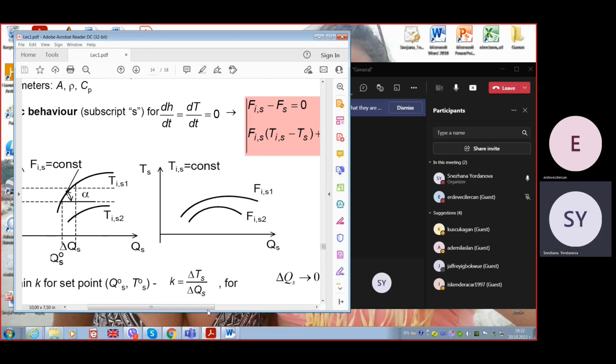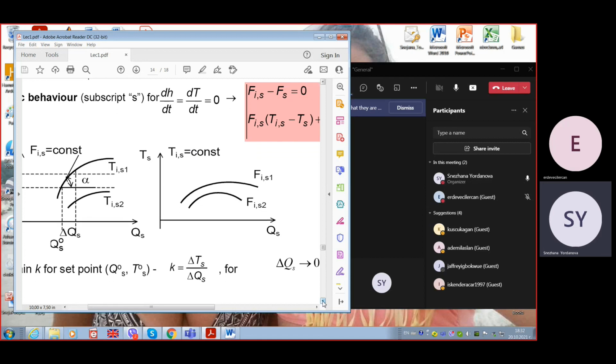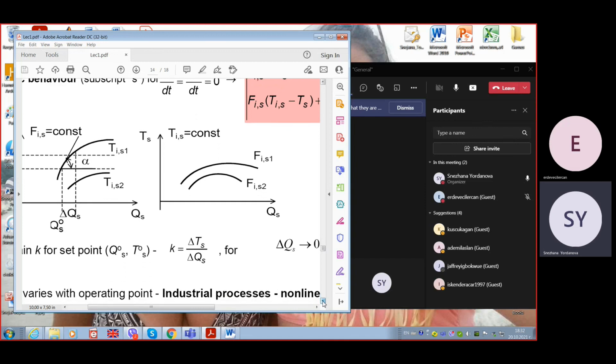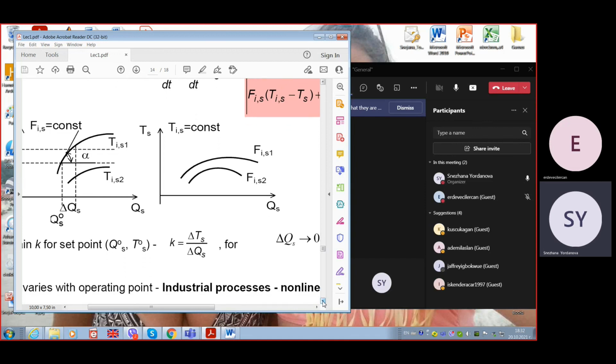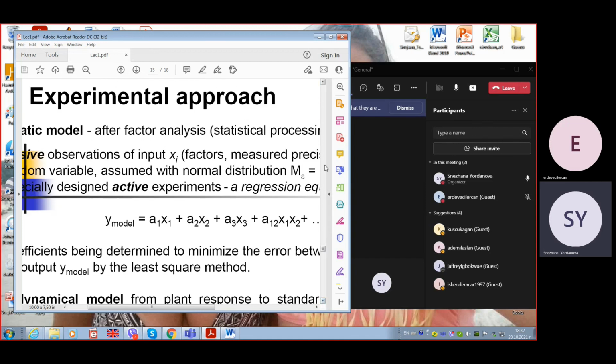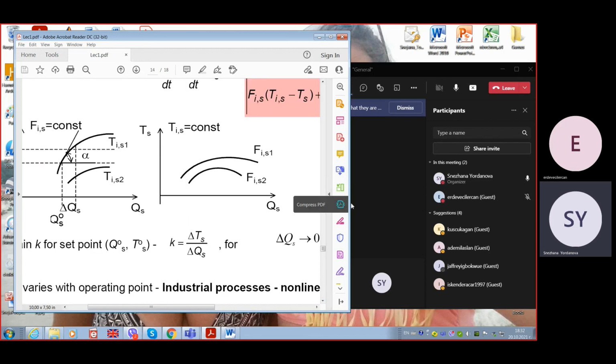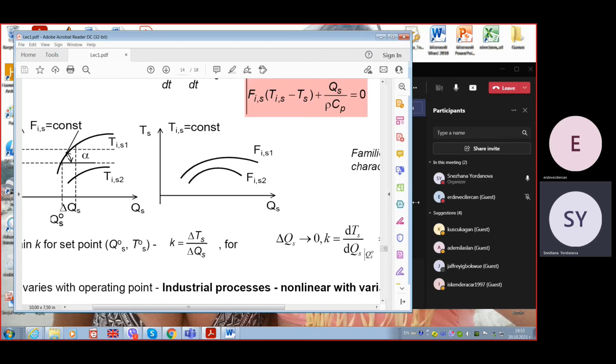So usually the change of a gain in different operation points shows that our plant model and behavior are nonlinear. So the plant is nonlinear when its model parameters change in different operating points. Industrial plants, as a rule, are nonlinear. They are difficult to control.